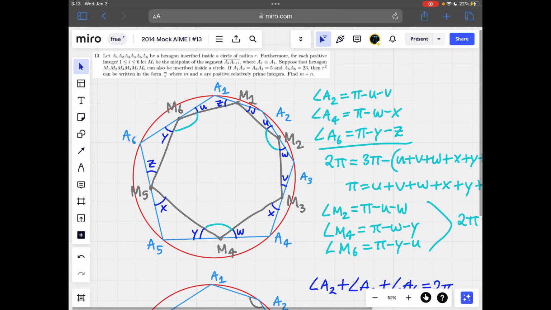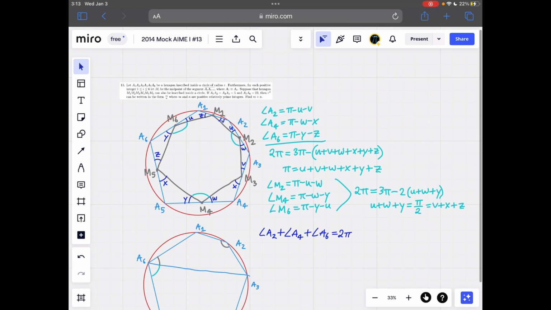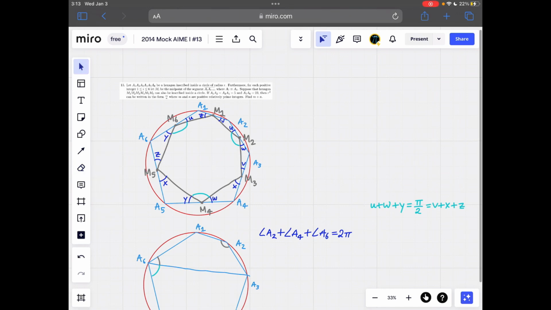We have that A1, A2 equals A3, A4 equals 5, and A5, A6 equals 23. And we would like to find the value of r squared. So let me just delete everything else but our key finding, which is that u plus w plus y and v plus x plus z are equal to pi over 2.